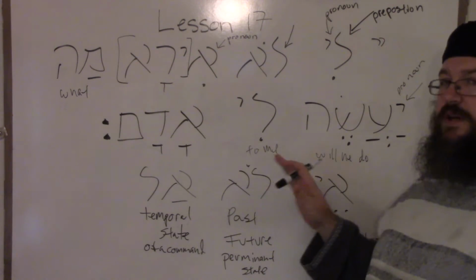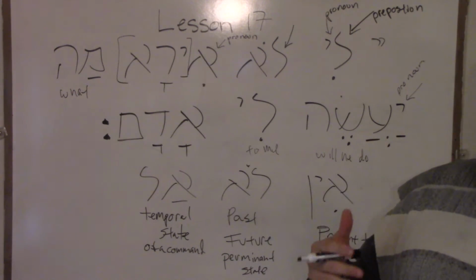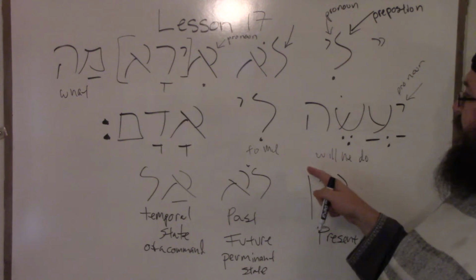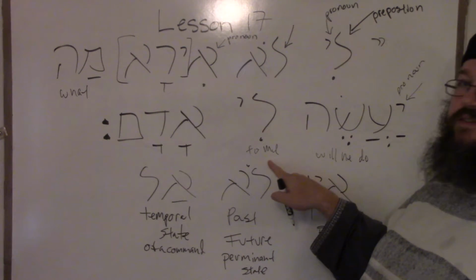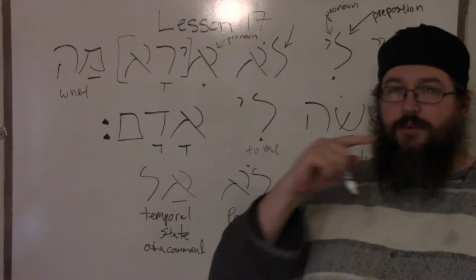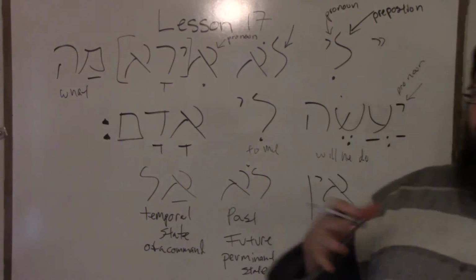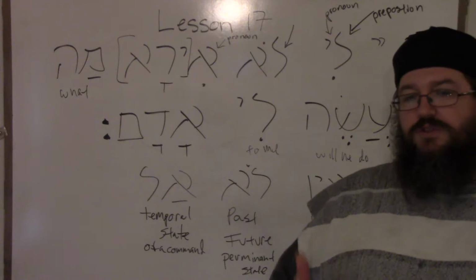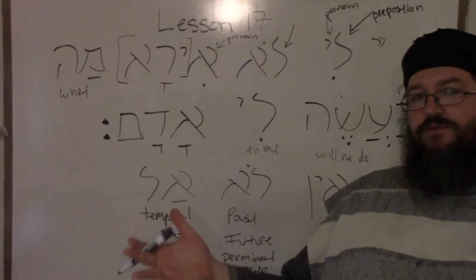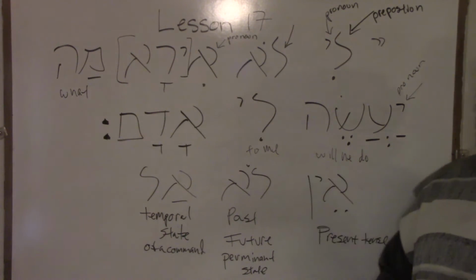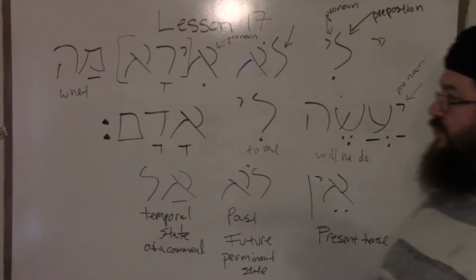When a verb of speech or a verb of movement is utilized, we will never find the word la used in a grammatically correct form. Any other time, when we do not find these two verb forms, the verb of movement and the verb of speech, we are always going to see lamed used as to.